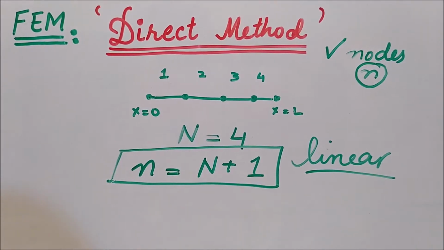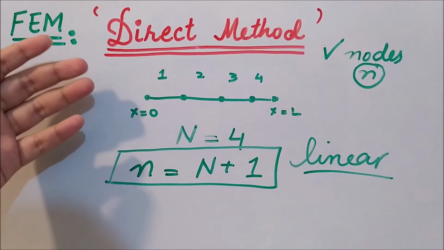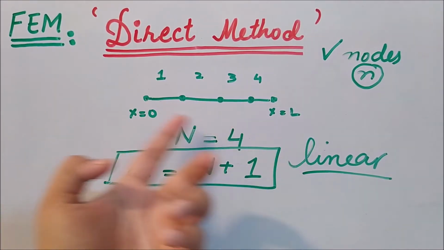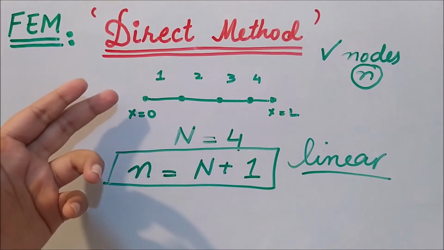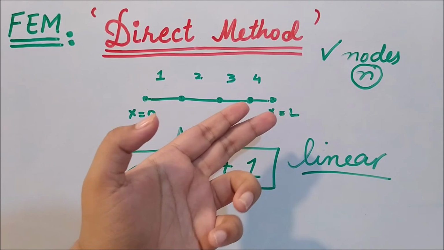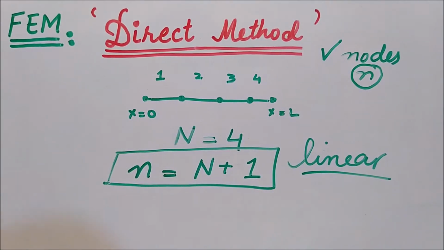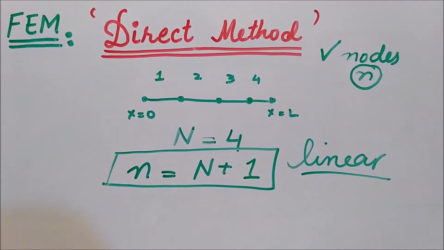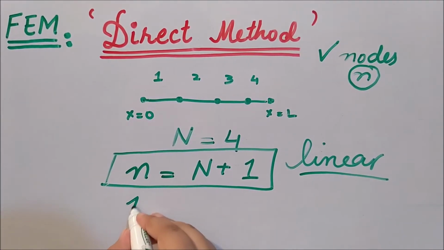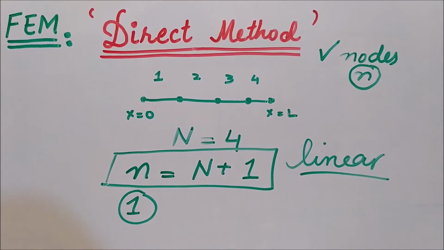So what we have done so far is we have divided this whole domain into 4 individual elements, and this is what the first step of the direct method is. We should write it in red so as to make the correspondence.